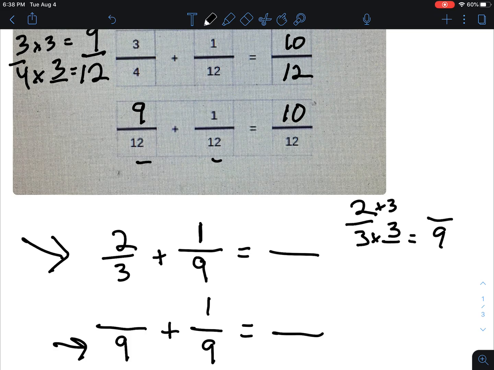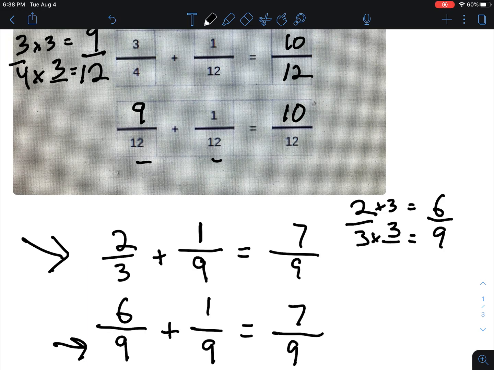And that would be 3. So if you multiply the denominator by 3, you multiply the numerator by 3, and you end up with 6/9, and 6/9 and 2/3 are equivalent. Now I can just slide the denominator over, add my numerators, and hopefully you got 7/9.